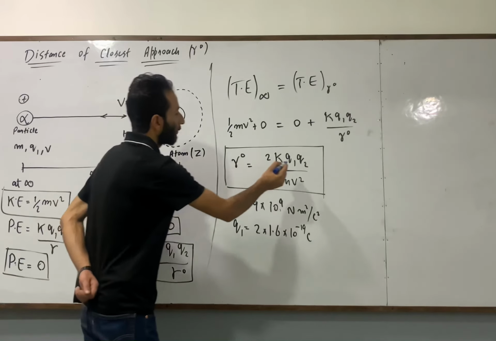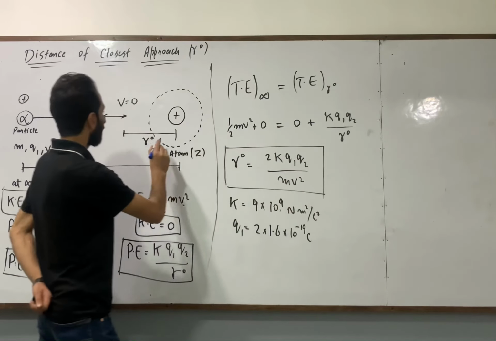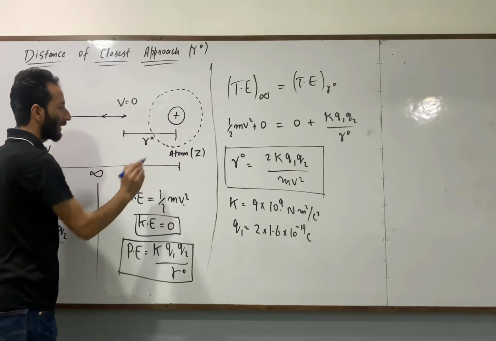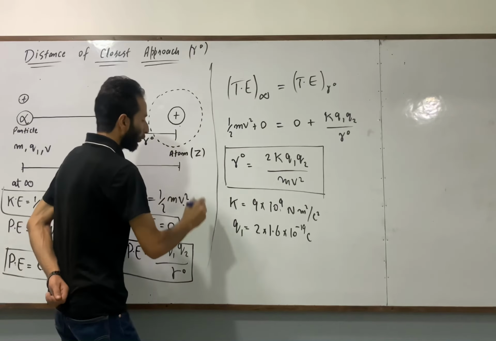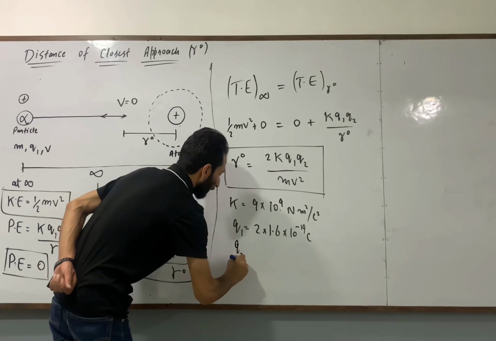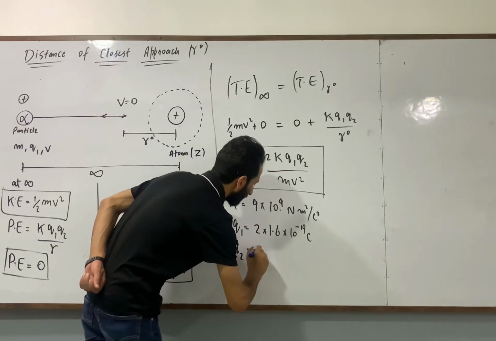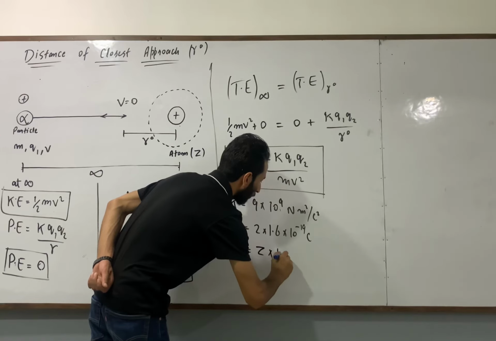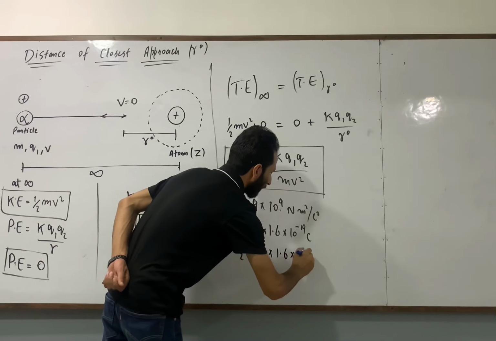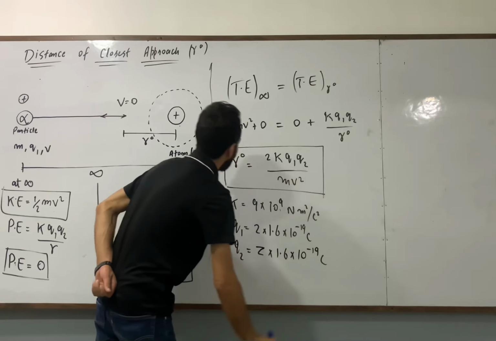Also we can use the value of q2 in this expression. q2 is the charge of the nucleus of this atom, and the charge of the nucleus will be equal to Z, the atomic number, times the charge of a proton, that is Z times 1.6 into 10 to the power minus 19 coulomb.